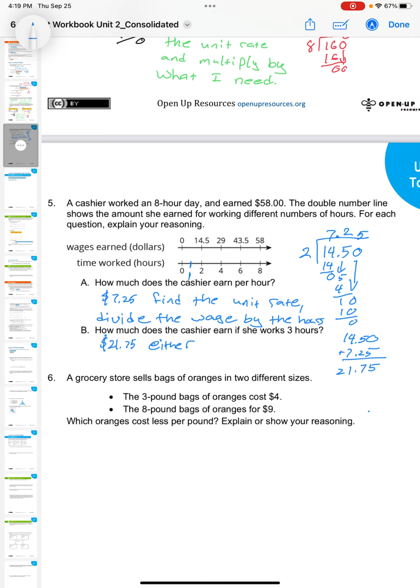Either multiply the unit rate by 3 or add it to the amount for 2 hours.